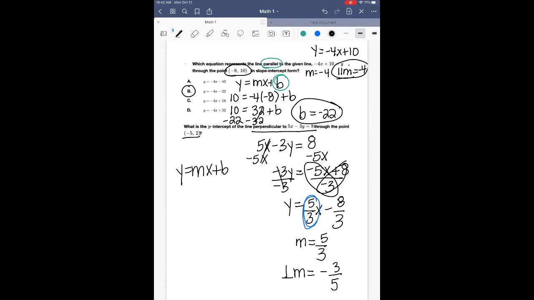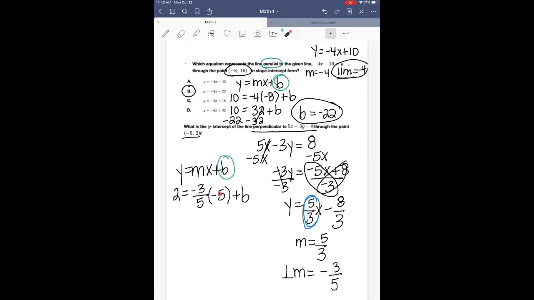And now I'm going to plug it into my equation. And the reason we want to plug it into the equation is because we want to solve for y. So we have 2 equals -3/5 times -5 plus b. Remember, they're just asking us for the y-intercept. So to simplify this, we're going to take -3 and multiply it by -5.